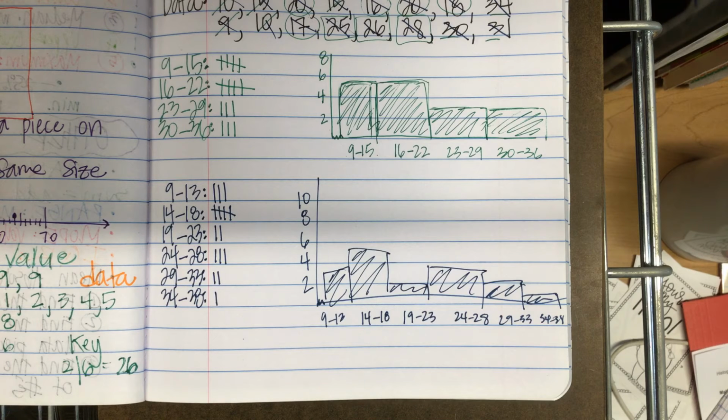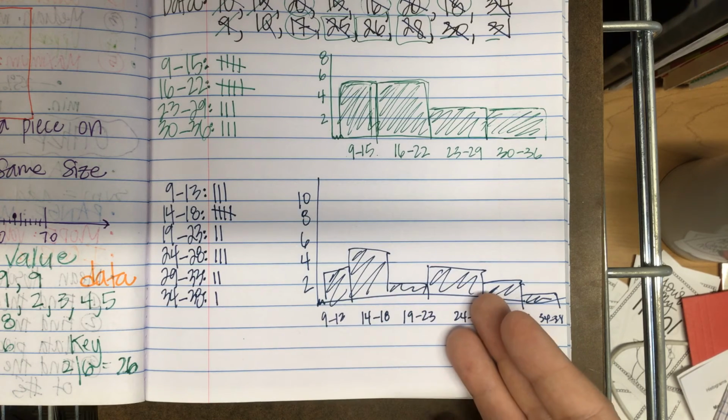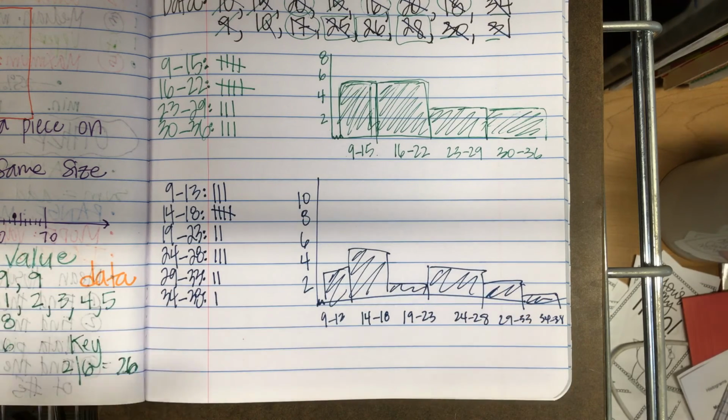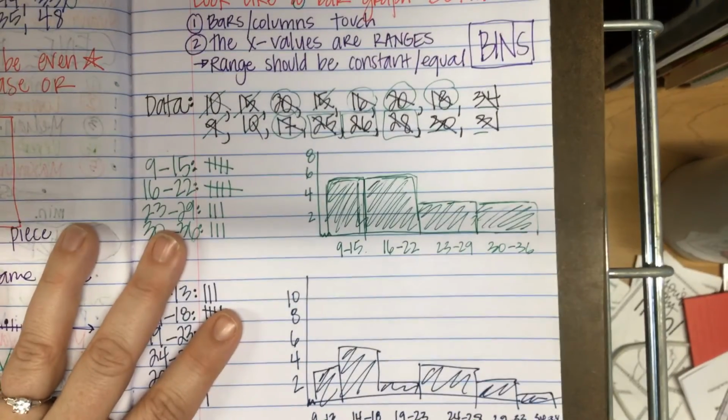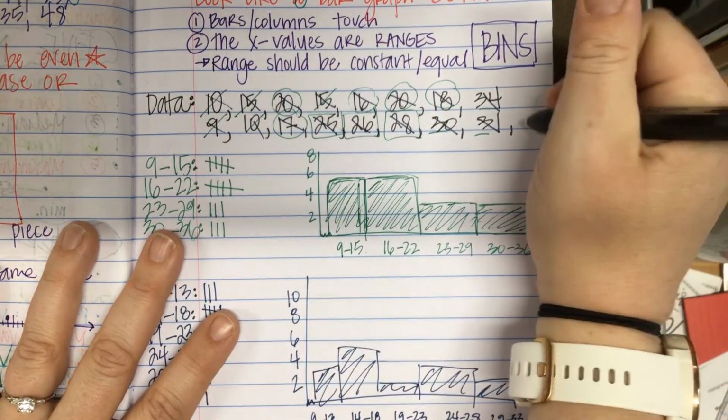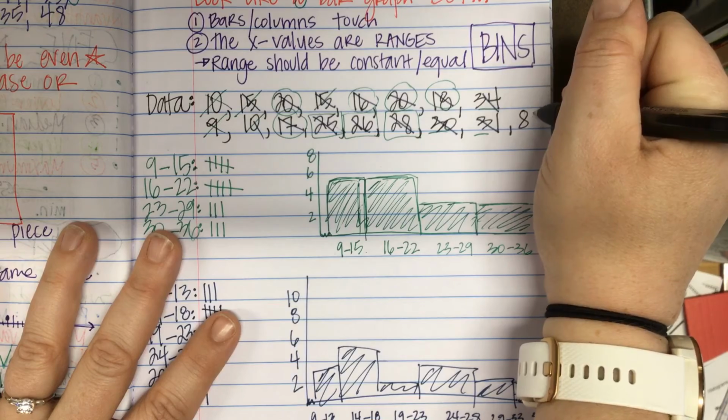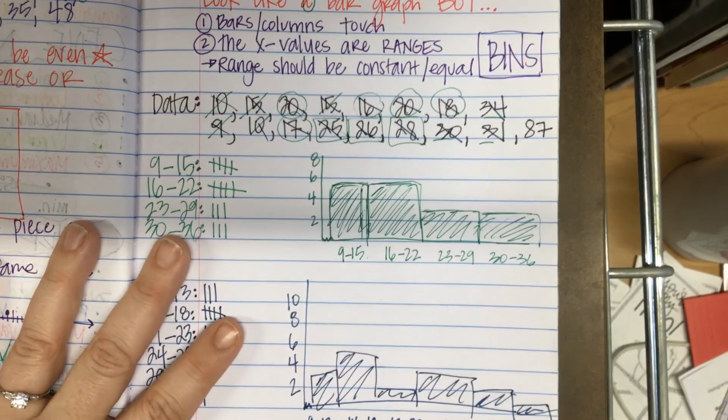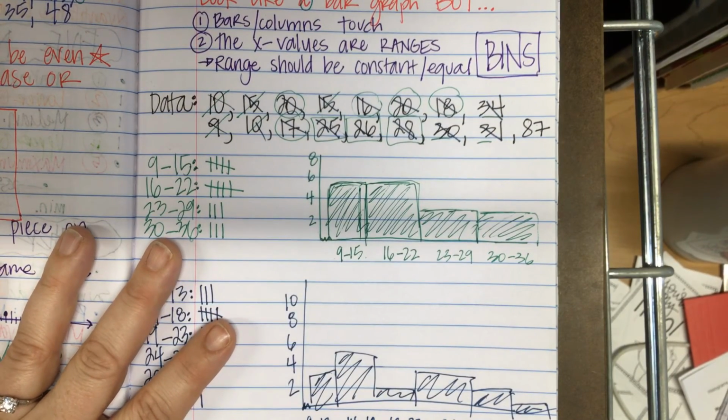The trick is, it happens, and we'll talk about what that means. But we try not to have any gaps. Sometimes you can't help it, because if I added one more piece of data up here and I put 87, that'd be really far.